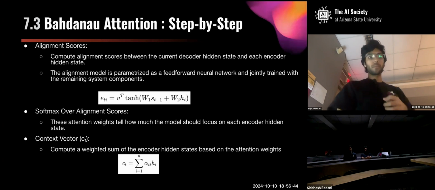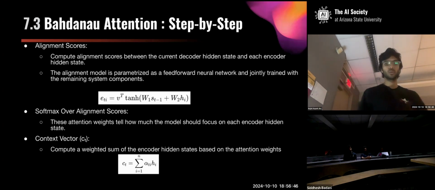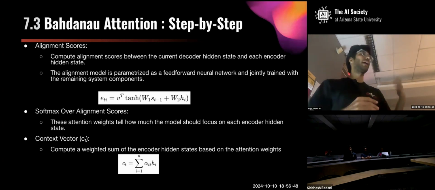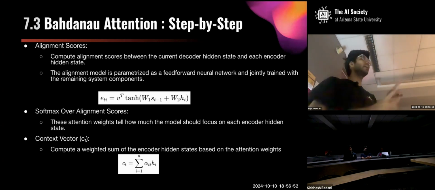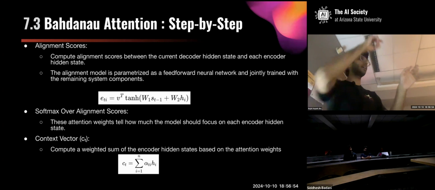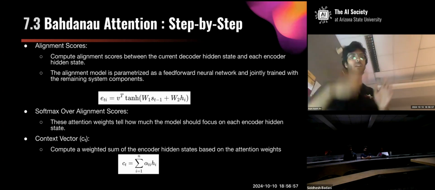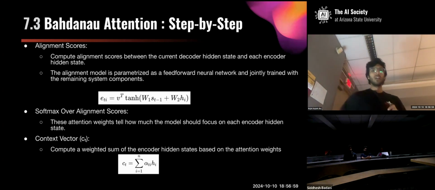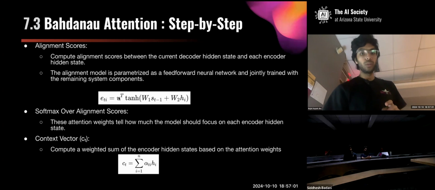As I said, the alignment scores, how are they computed? We have the encoder, we have the decoder, and then we take a one layer neural network which has one input layer, one hidden layer, and one output layer, and we do this computation.